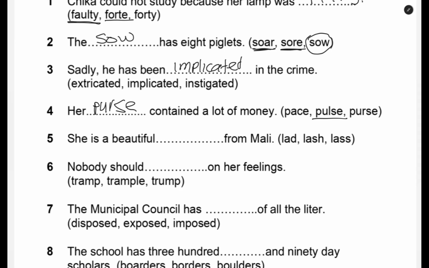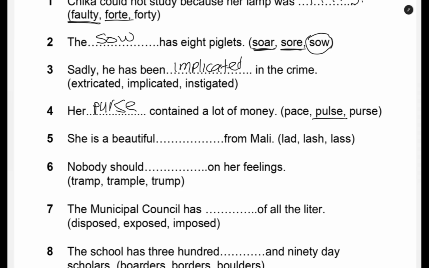What about lad? Lad is the opposite of lass. Lad refers to a young boy or man. So lad is a boy or man. Lass is a woman or girl. What about lash?